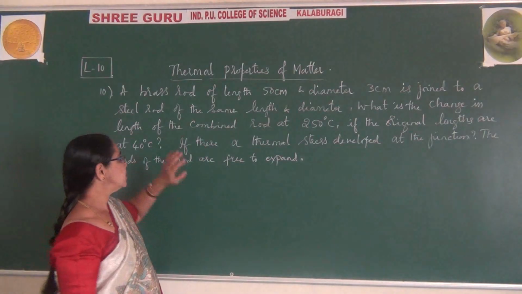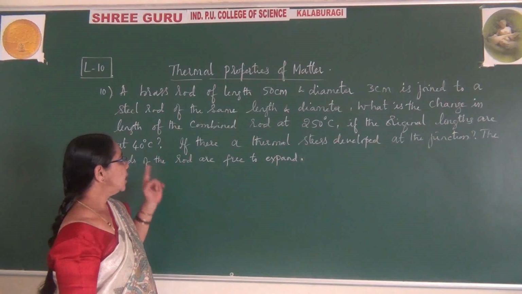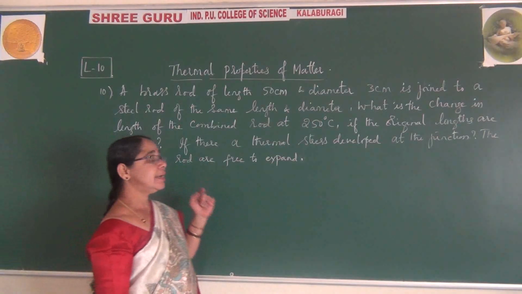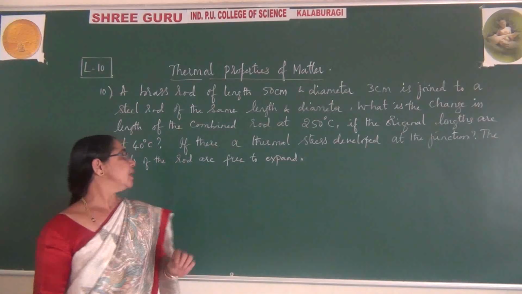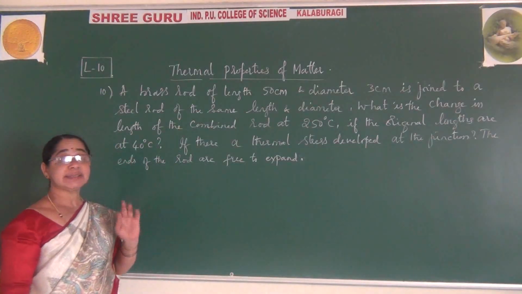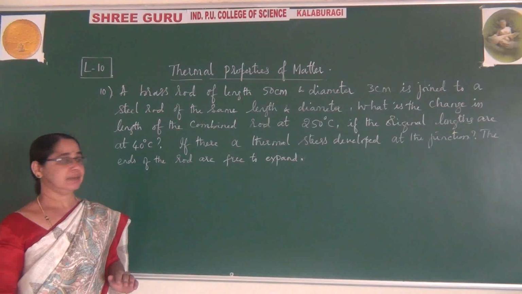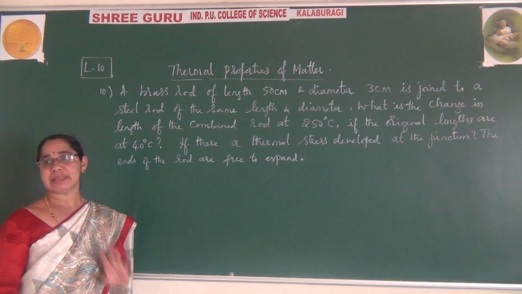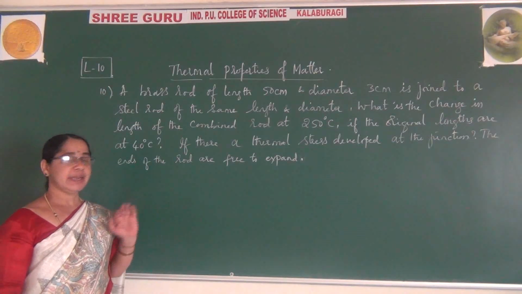After completing this, they have tagged one more point. If there is thermal stress developed at the junction, is there any stress developed at the junction? You have to calculate whether thermal stress is developed at the junction. If it is there, you have to say yes.